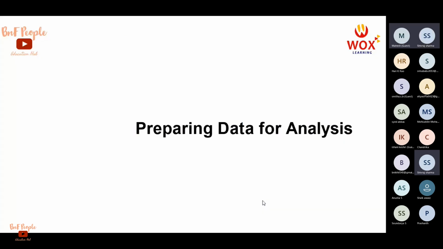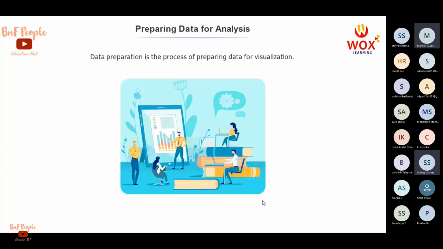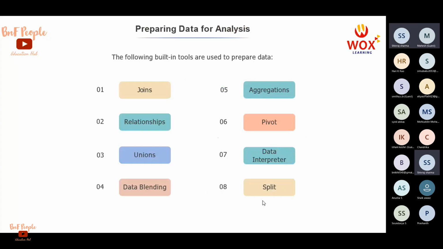And then we saw what preparing data for analysis is. There are various built-in preparing tools available in Tableau. There are 8 different tools, among which we saw 2 tools, that is joins and relationships.